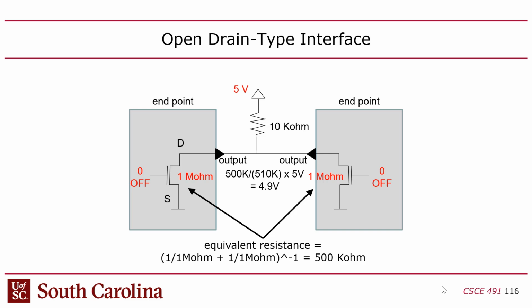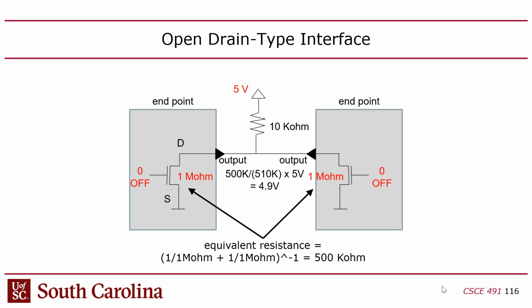But what this does is that if both chips that are connected to that wire both turn off their transistors, then they're not actively driving the wire, which means that pull-up resistor will bring the voltage up. Because what ends up happening is you end up creating a voltage divider, because remember, the off resistance of these transistors is about 1 mega ohm.